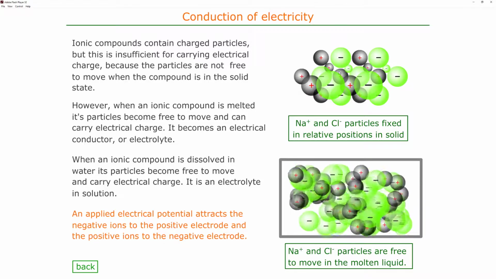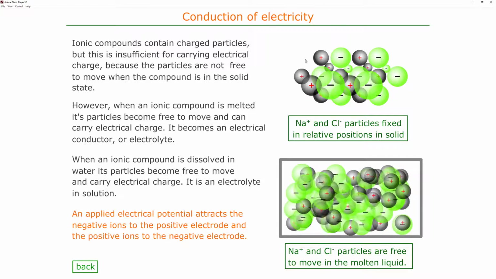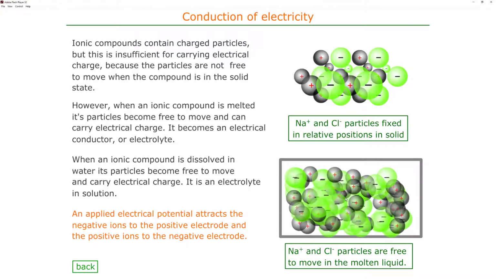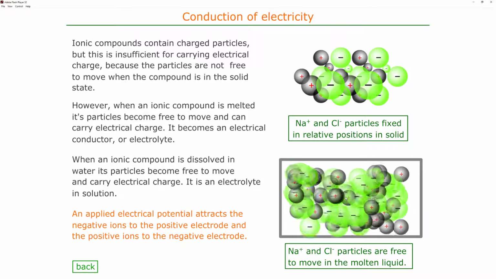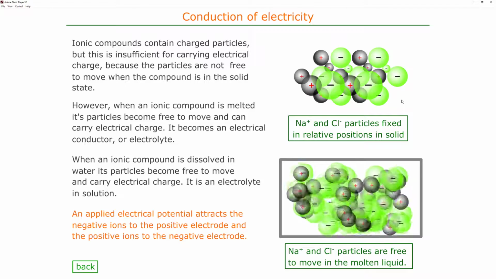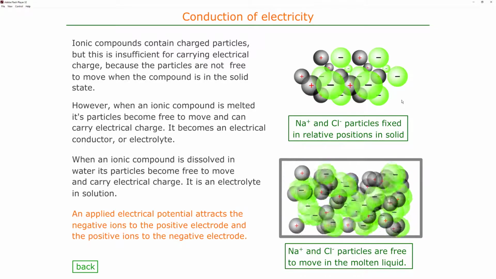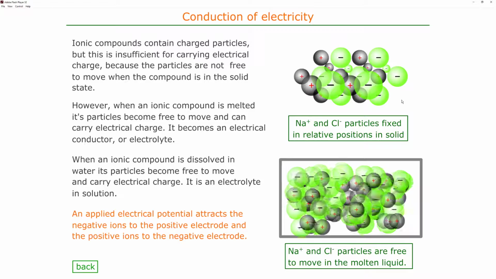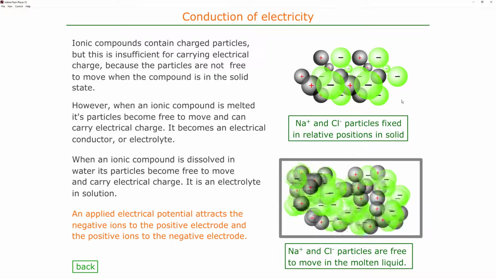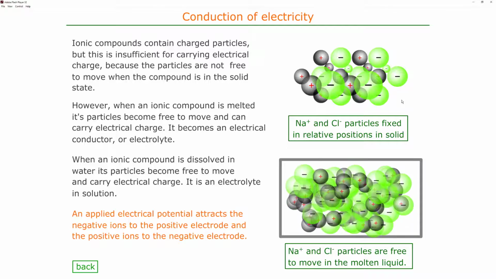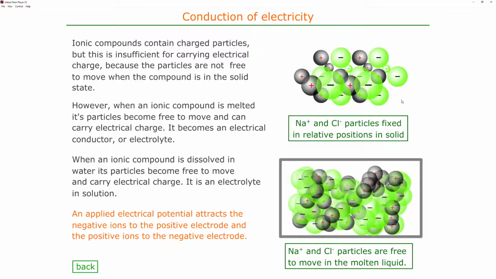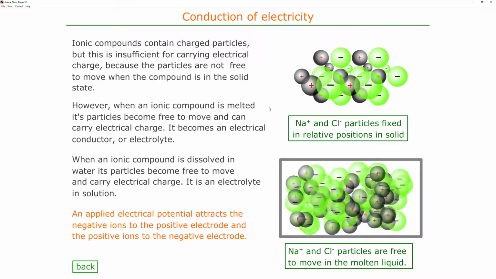But when we melt our ionic material, even if it melts at a high temperature, the ions become free to move and they can then carry charge. Similarly, if we dissolve our ionic material in water, then the ions once again become free to move. And so a solution of an ionic compound in water is also an electrolyte. The word electrolyte means a liquid that can carry electricity using ions.